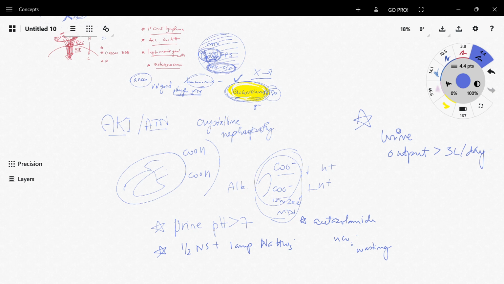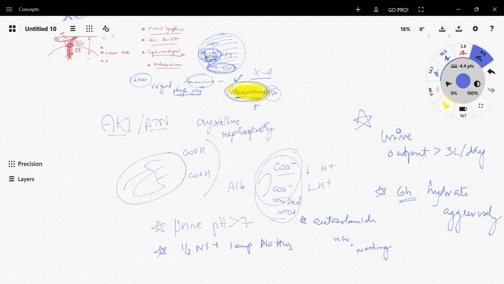And also, almost like 6 hours before you're going to give somebody high dose methotrexate, you want to hydrate them. Hydrate aggressively and keep that urine output good, keep it alkaline, and that is how you encourage the excretion of methotrexate from the patient's body.